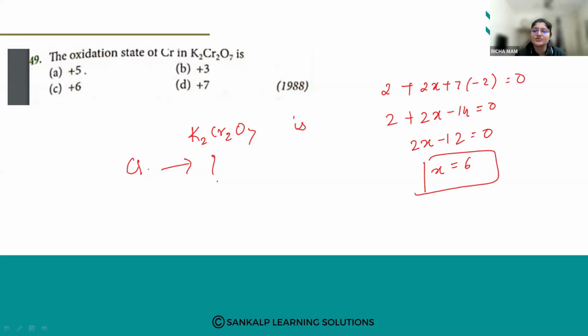So option C. Oxidation states are very important. They can be asked in the redox reactions chapter, as well as in the d block, in inorganic chemistry. These types of questions are asked most commonly.